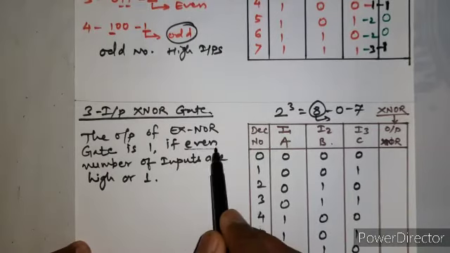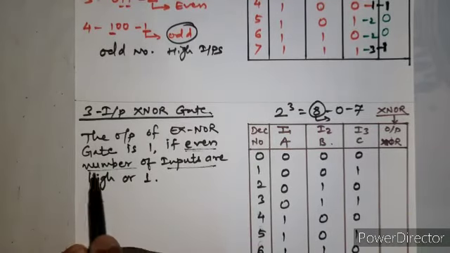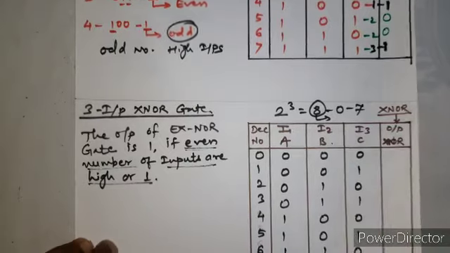So we have to see whether an even number of inputs are high or not.